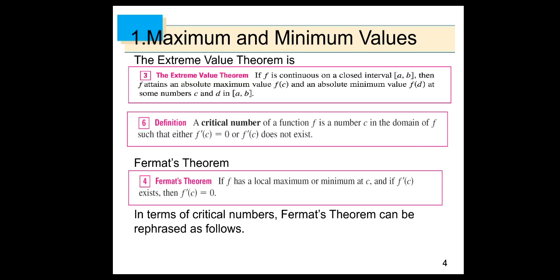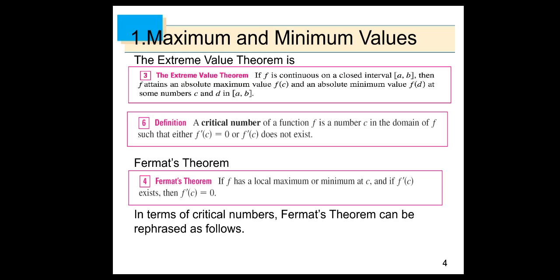So our critical number is a number c in the domain of our function whose derivative f prime of c is equal to 0 or it does not exist. It is undefined. That is the definition of our critical number.